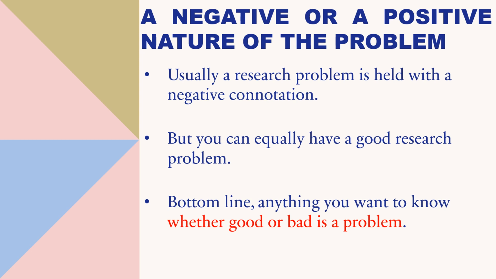So don't take a research problem as the way it is taken by the public when they are defining a problem, whereby someone thinks that a problem is something that is negative. In the context of research, whether you want to know about something that is good or something that is bad, it remains a problem.